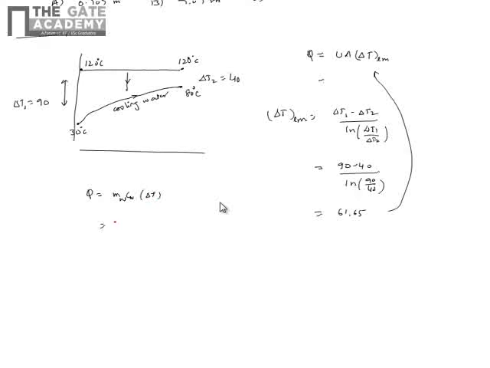The mass flow rate is 1500 per hour, so let's do it per second. Specific heat is 4.187 kilojoules, so 10 power 3 per kg Kelvin. Delta T is 80 minus 30.